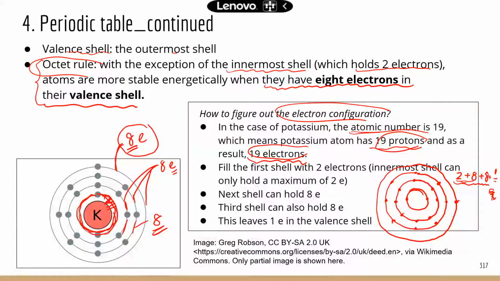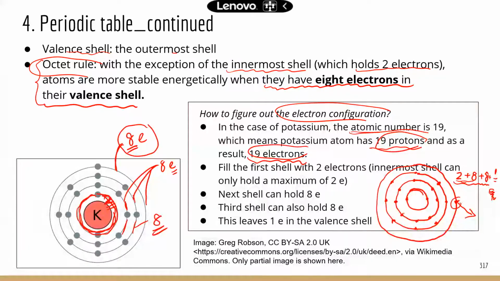Now, is potassium energetically stable? No, because it does not satisfy the octet rule. Instead of 8, it has only 1 electron in the valence shell. So it's far from being stable. In order to achieve that stable state and satisfy the octet rule, potassium tends to lose this electron to some other atom.